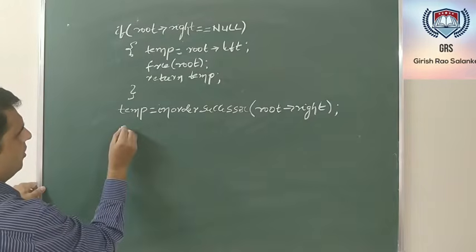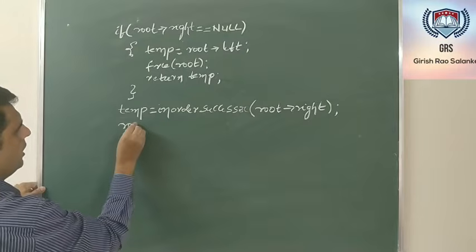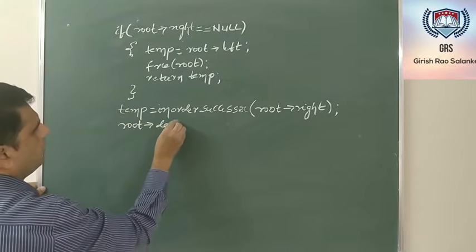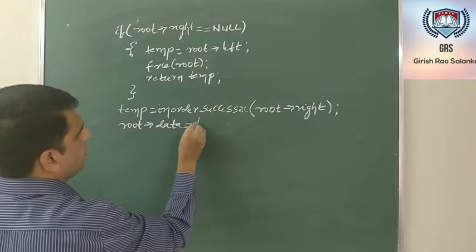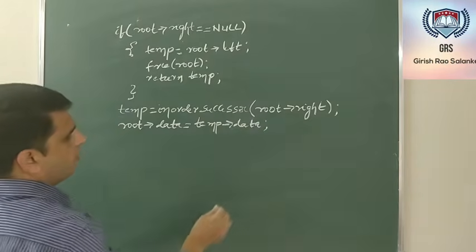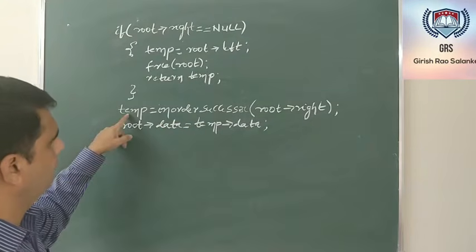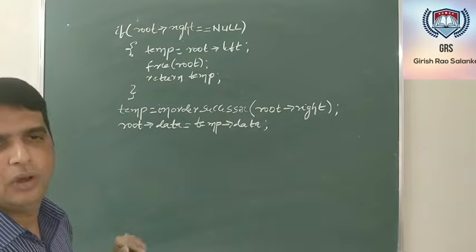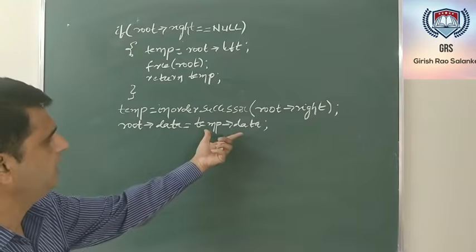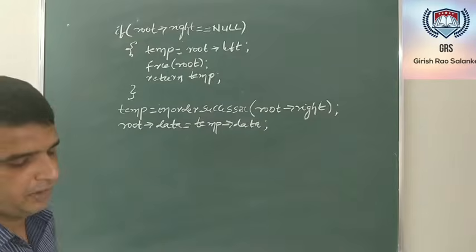Now store whatever information was there in temp of data in root of data. Root of data is equal to temp of data. Once we have found the in order successor and named it temp, temp of data should be copied to root of data. Now I need to delete this temp of data which is there in the right subtree.